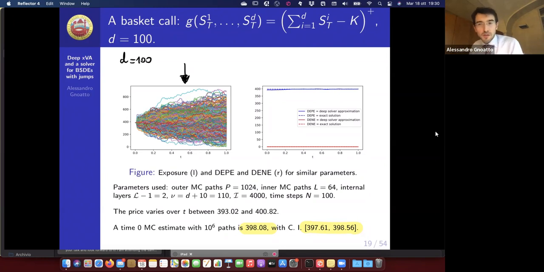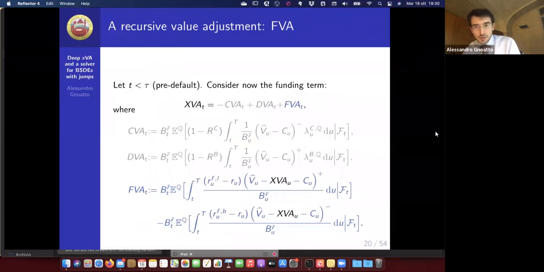I can compute CVA and DVA with a single application of the deep solver. Now I want to go back to the shape of the valuation adjustments and recall that in the funding valuation adjustment, we see that inside the formula I have xVA.